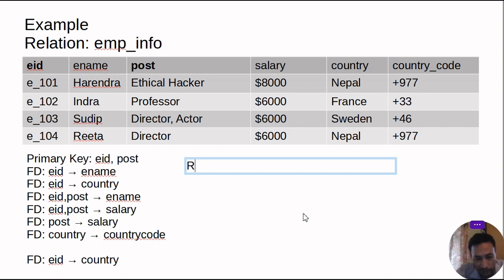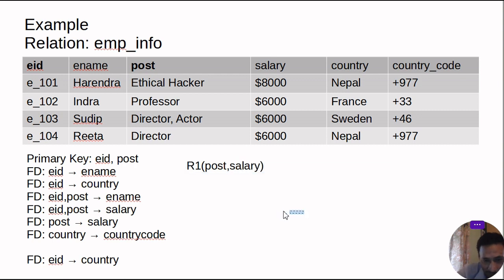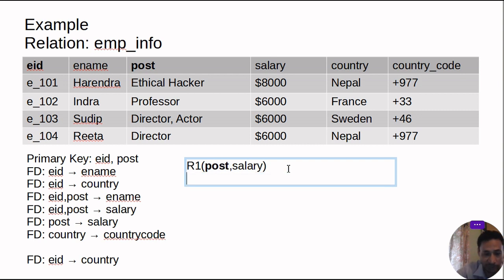So first I will be creating relation R1, and this will contain post and salary. Because of this salary we had this partial dependency, so we will remove those attributes because of which partial dependency exists in the table. So for this table R1 I will make post as the primary key.